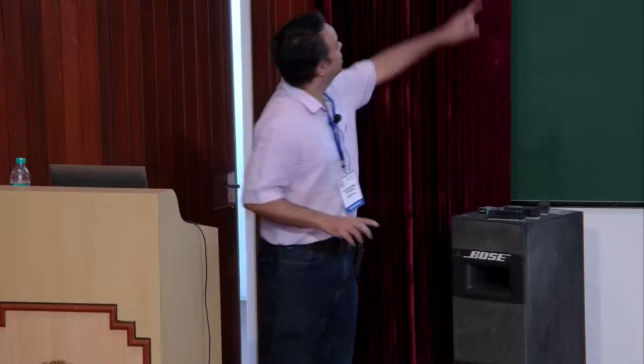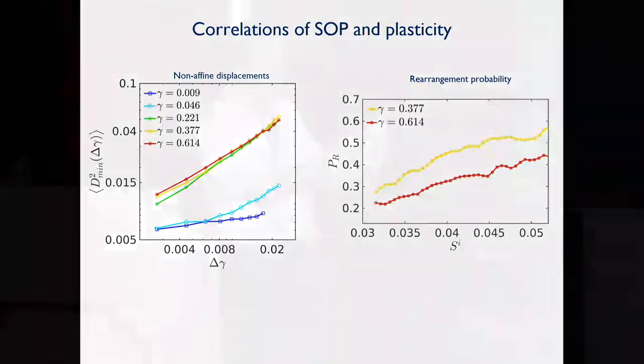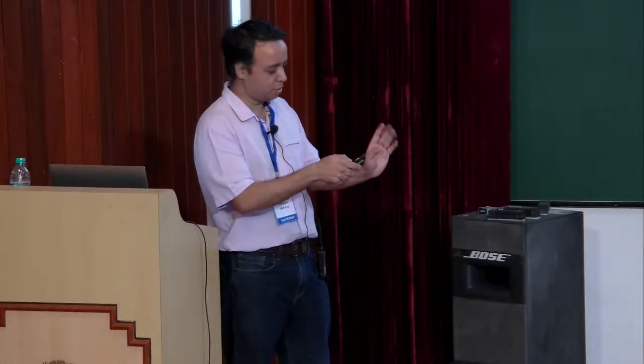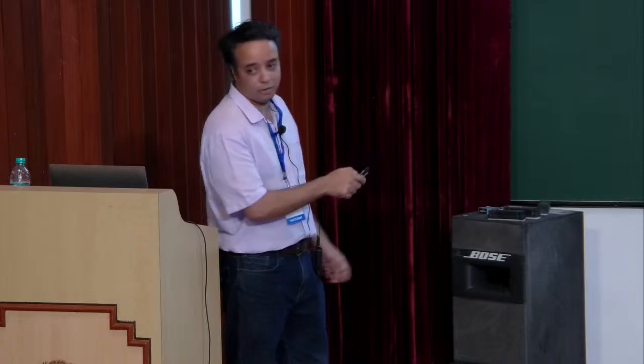So you see here, the non-affine displacement for very small gammas, small strain. In the transient regime, around a value gamma, you take a delta gamma and look at the non-affine displacement. When your gamma is very small in the transient regime, you don't see any rearrangements at all.